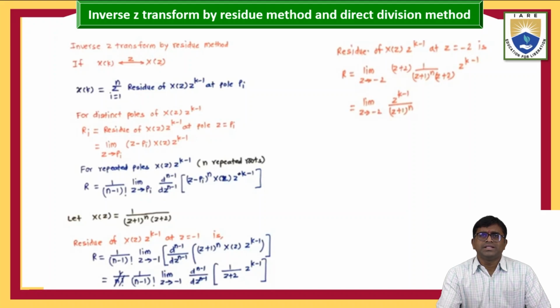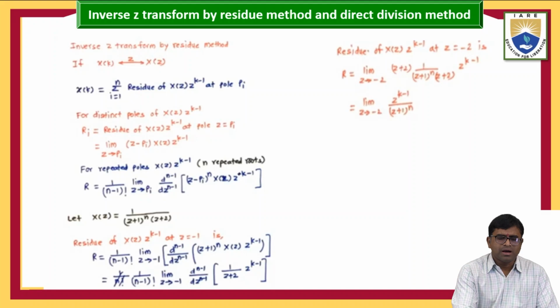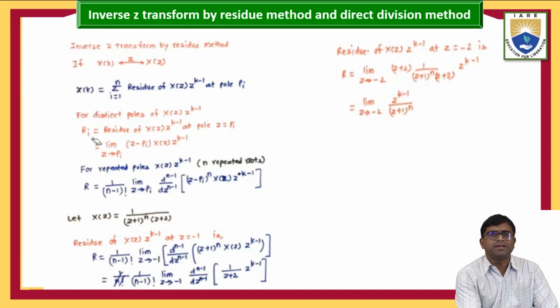We take the residue of x of z into z power of k minus 1 to get x of k. If you take any pole, here I am taking p i, the particular pole p i.